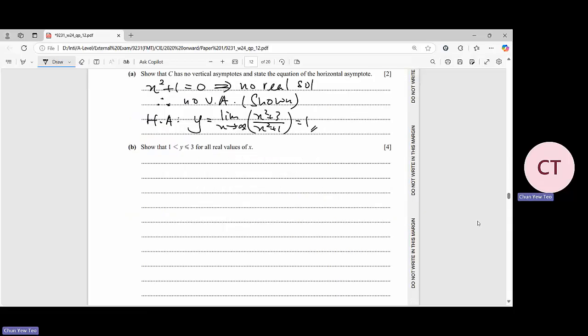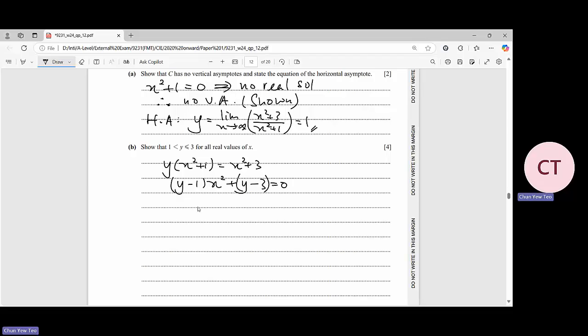And then to show the range of y is between 1 and 3, including 3 but not including 1, what you need to do is multiply by the denominator, take it to the other side, and expand it. You will get (y minus 1)x squared plus y minus 3.